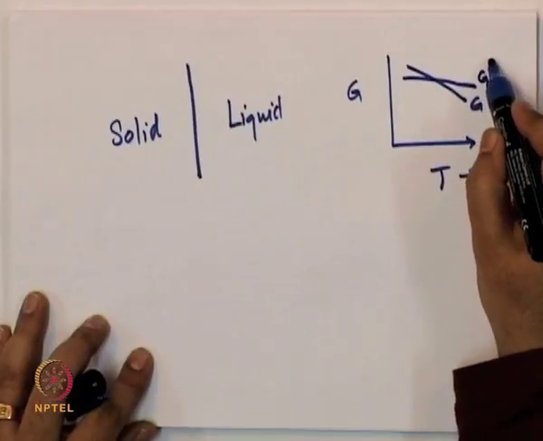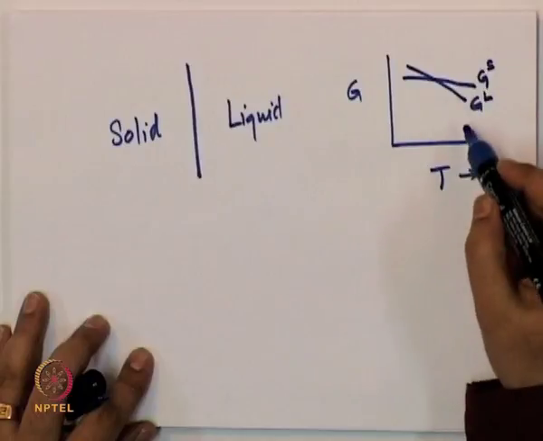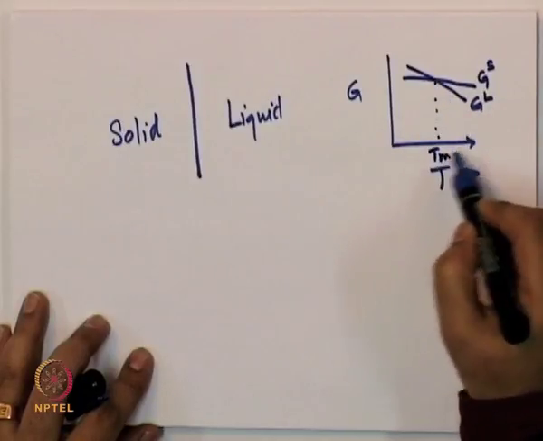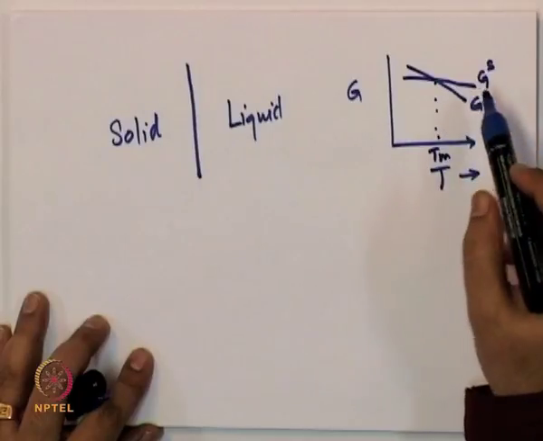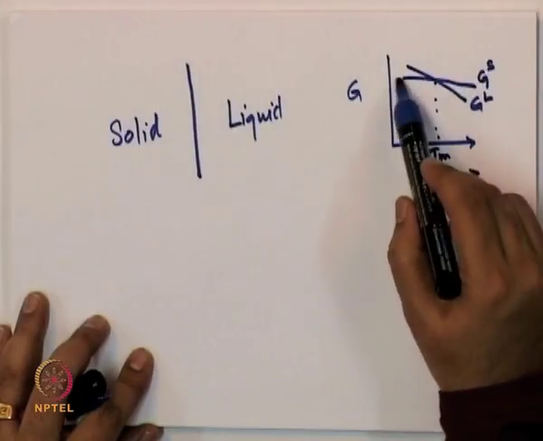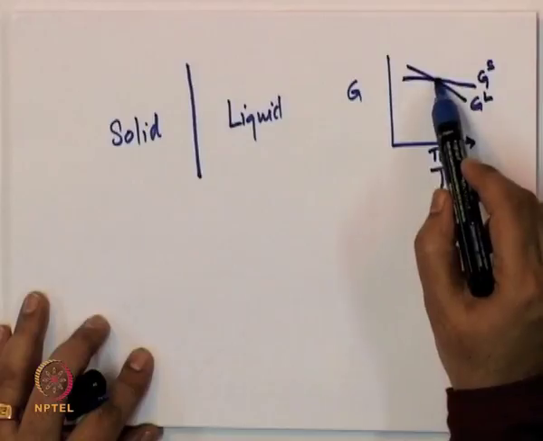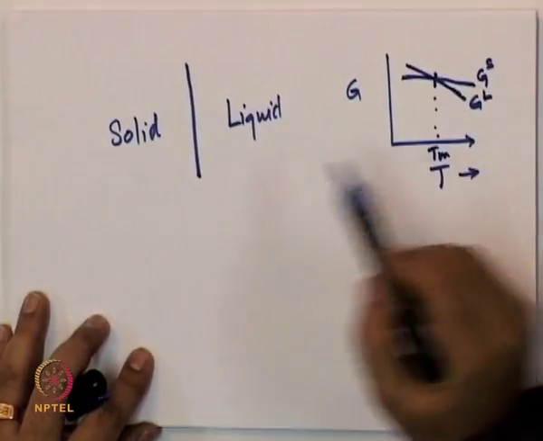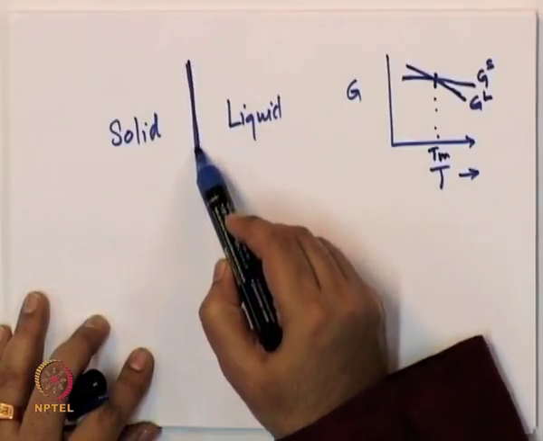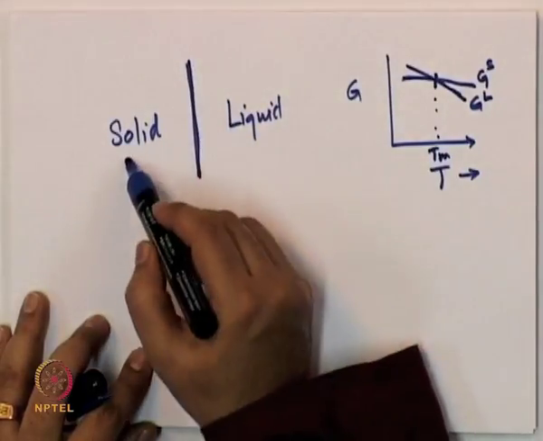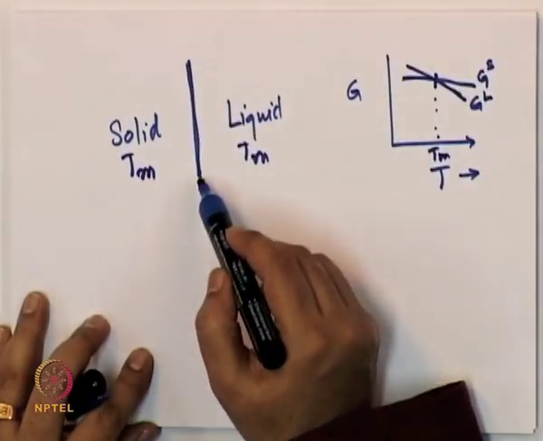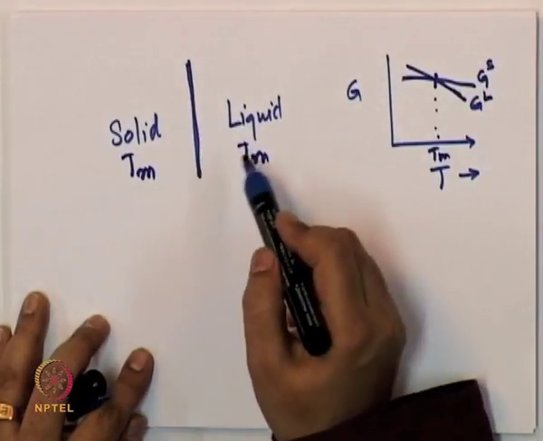So, this should be the solid free energy, this should be the liquid free energy. So, this temperature is the melting temperature. So, above melting temperature liquid has lower free energy, below melting temperature solid has lower free energy. So, these will be the states that would be preferred. So, this temperature is defined as the melting temperature, and at that temperature if you keep the solid and liquid, suppose both of them are at Tm, then this interface will neither move to the right nor to the left.